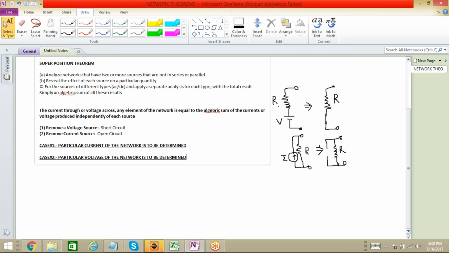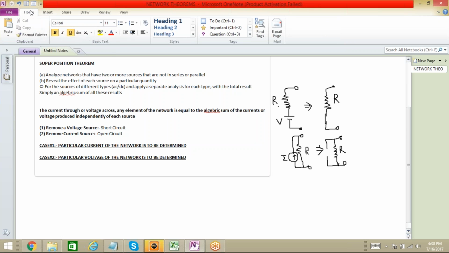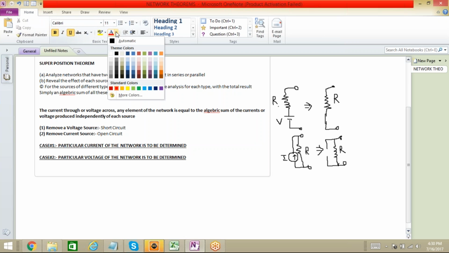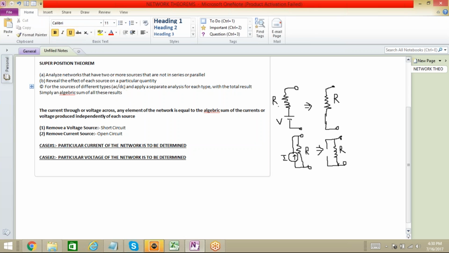Now moving ahead, let me take one very important aspect about the application of the superposition theorem.